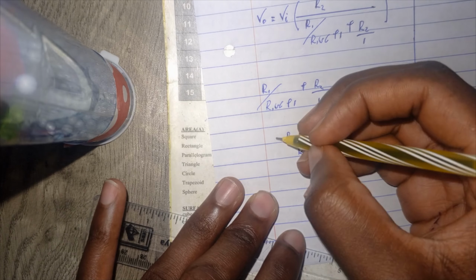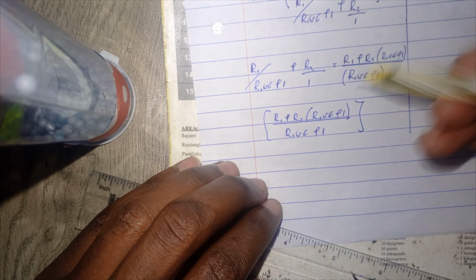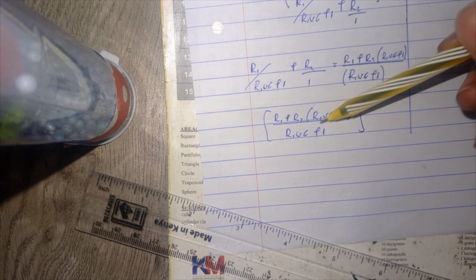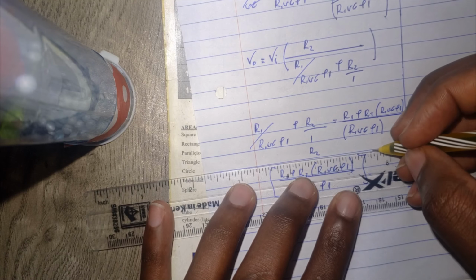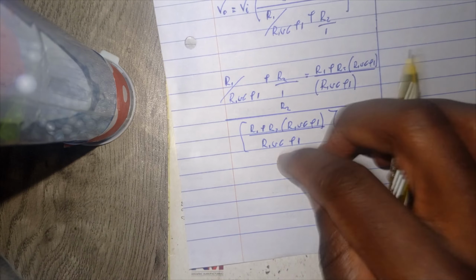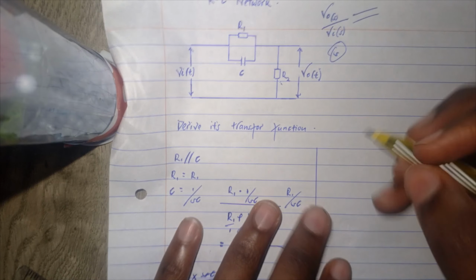And remember, R2 was to be divided by the whole of this one, so we're going to take the reciprocal, of course.